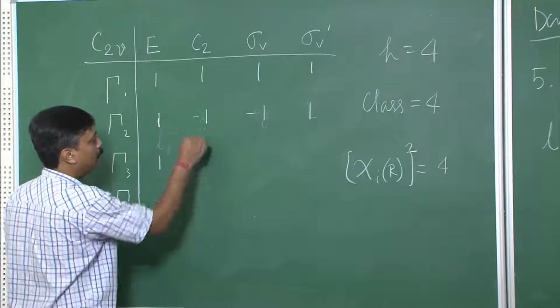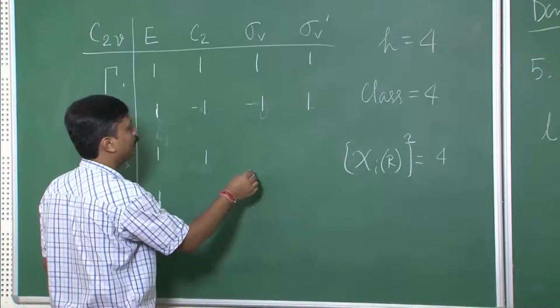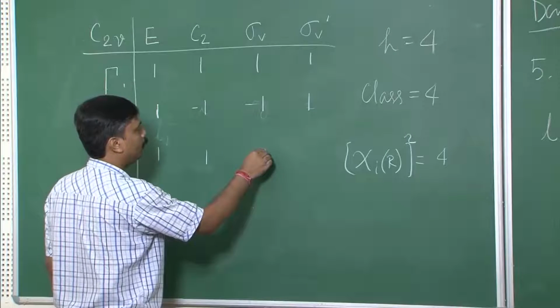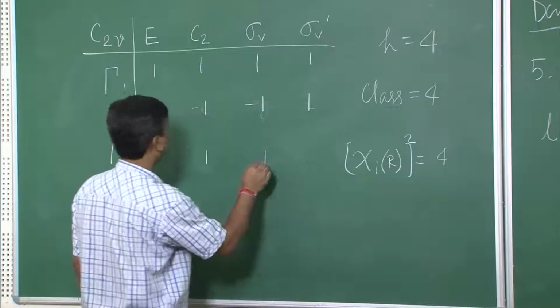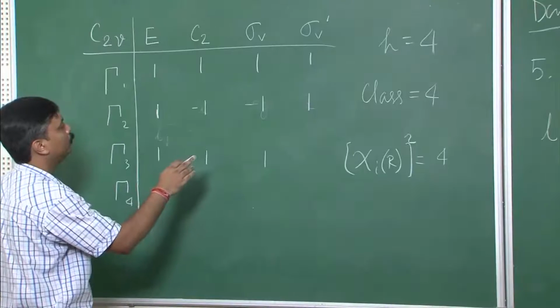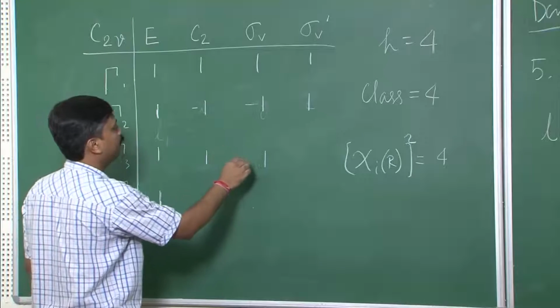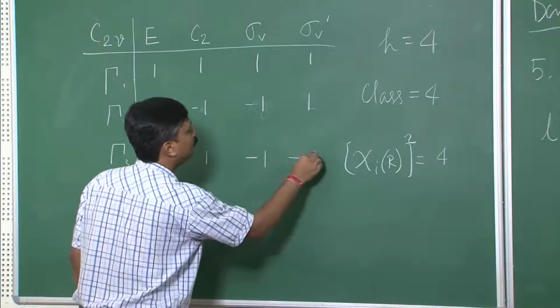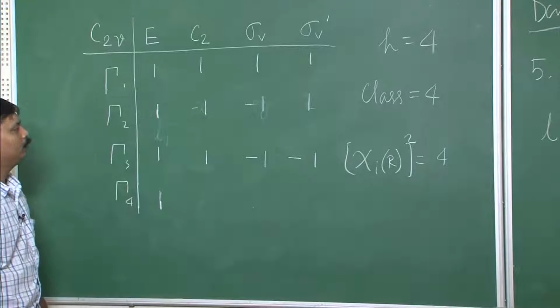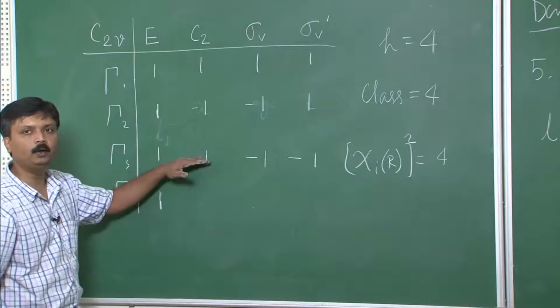So, now I make this plus 1, and this one again plus 1. I have made this one minus 1. Therefore, I can make this one minus 1 and this one minus 1. Now we can verify whether this orthogonality holds.